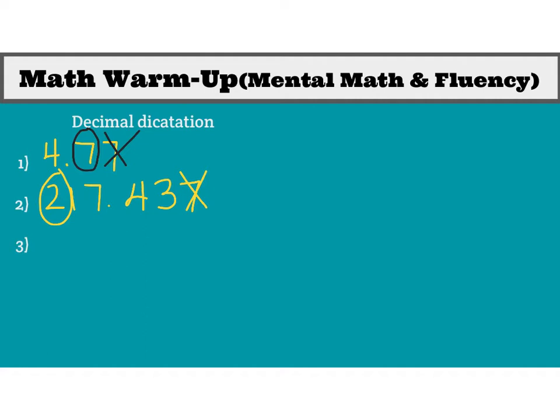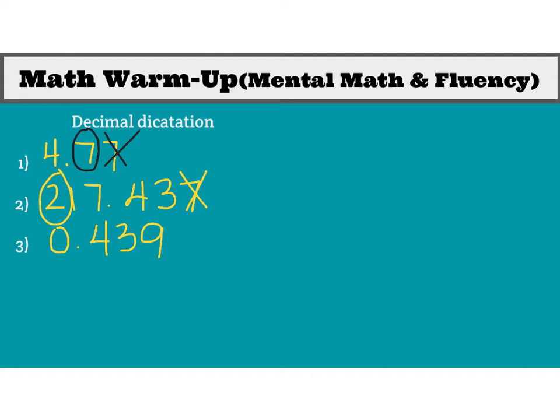All right, last one. Here's your number. 439 thousandths. Did you catch that I didn't say 0 and? Good job.